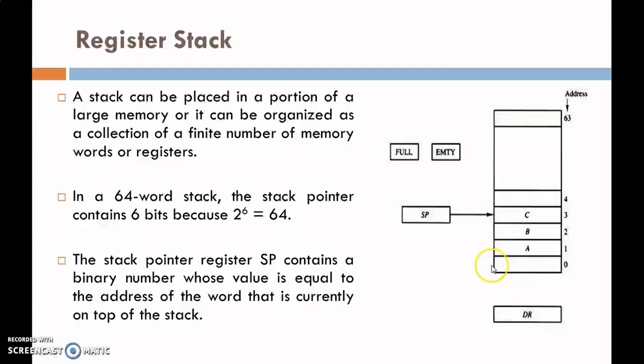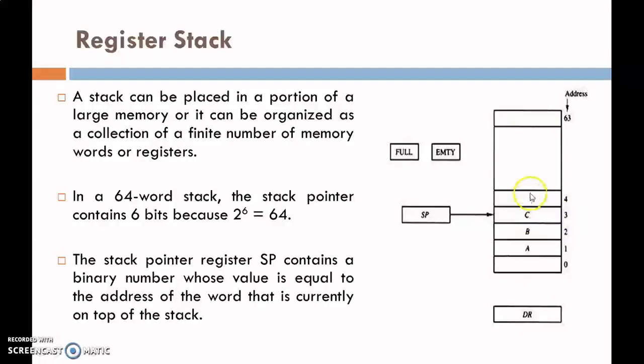Now the value of the stack pointer is 1, and at this place A is stored. After that B comes, so B is stored at address 2. Then C comes, so first the stack pointer is incremented and it indicates address 3, and at address 3 C is stored.